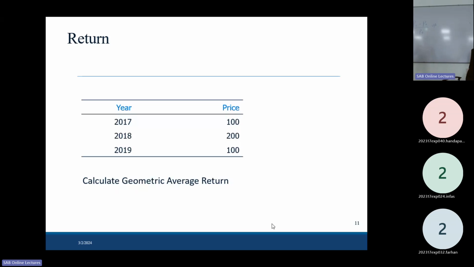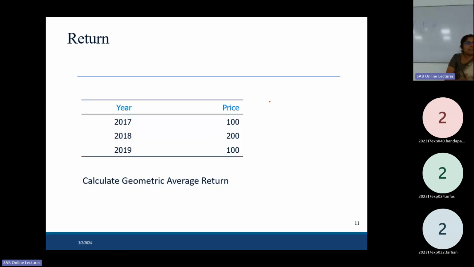Now, if I ask you to calculate the arithmetic average return as well as the geometric mean, you can see the point I highlighted earlier. Now, using this information, calculate the return. These are price information, right? Company stock prices are given. 2017 it is 100, 2018 is 200, 2019 is 100.